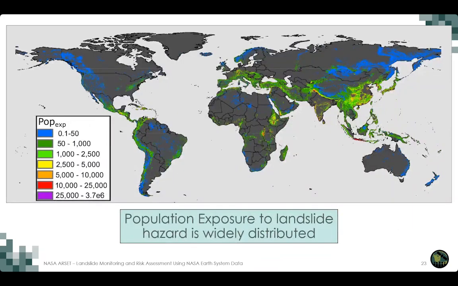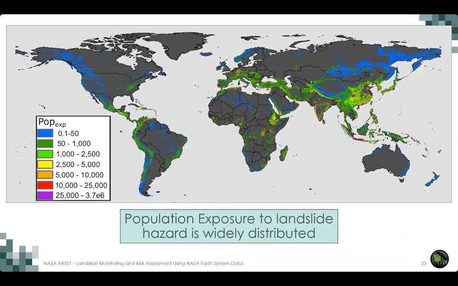So based on studies by NASA scientists, we have demonstrated that population exposure to landslide hazard is widely distributed. NASA's disasters program, amongst others, has supported research to explore how satellite data can be used to fill in gaps around the world in landslide understanding. For example, here we're showing the number of people exposed on an annual basis to potential landslide hazard.